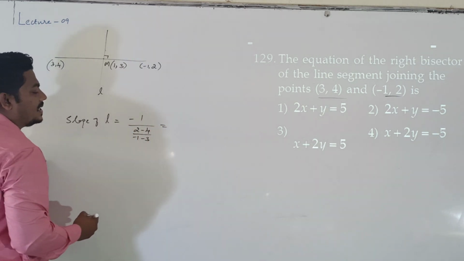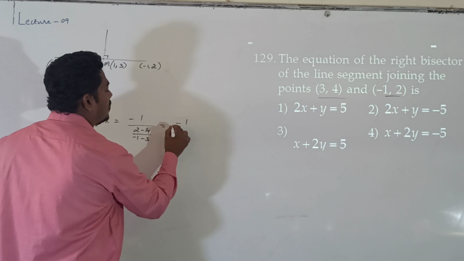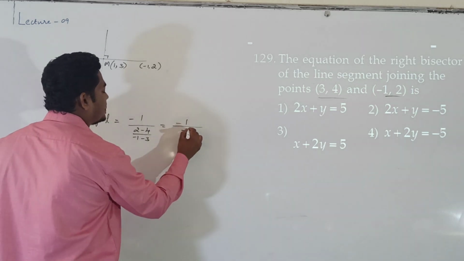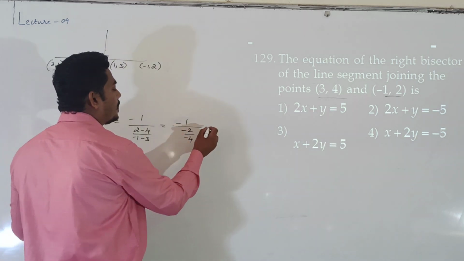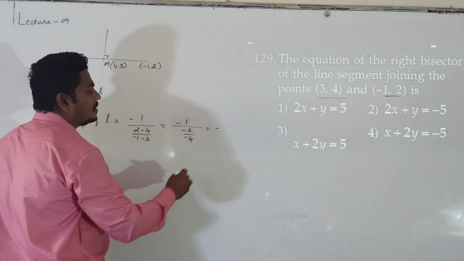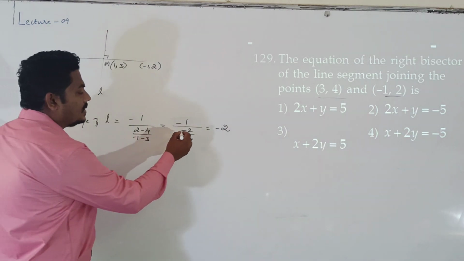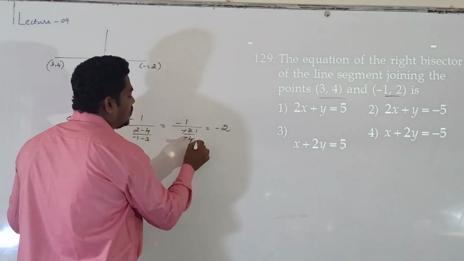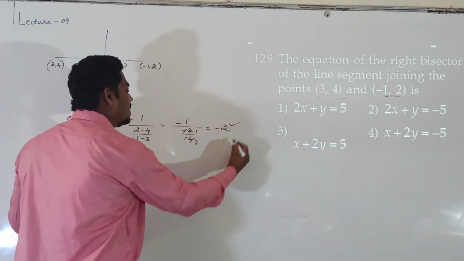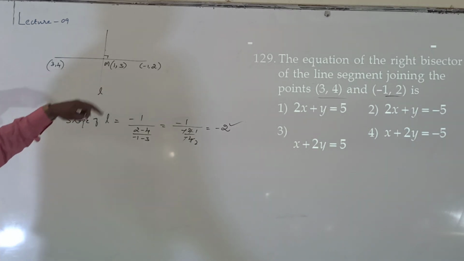That's equal to, on taking LCM, minus 2 divided by minus 4, which is minus 1 divided by 2. This negative sign gets cancelled, remains with one negative sign. The denominator becomes the numerator. Slope of L is minus 2.